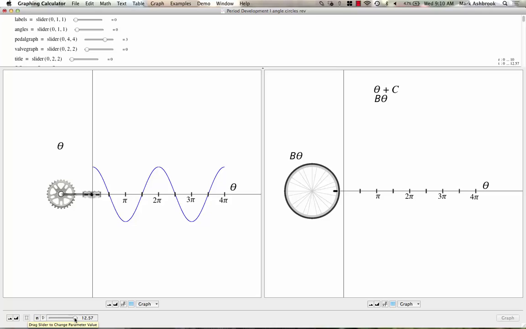Okay, so the question is, if our argument is 1/2 theta, let's write that down. So the argument is 1/2 theta, and that's the angle measure of the tire valve, half of the pedal angle measure.